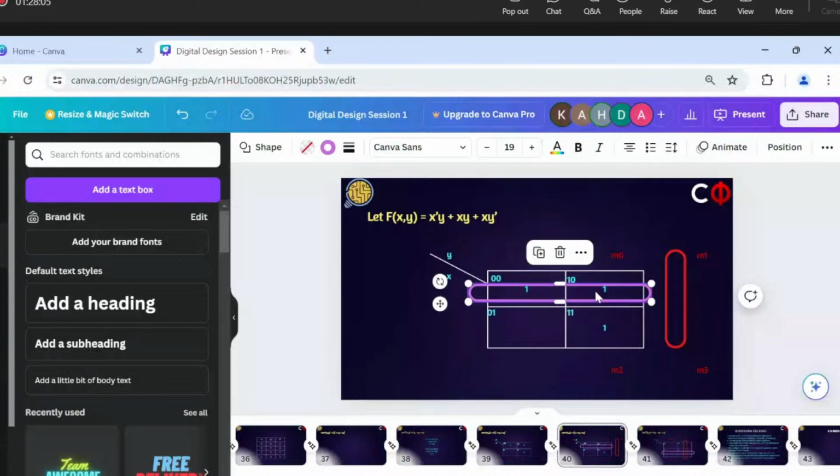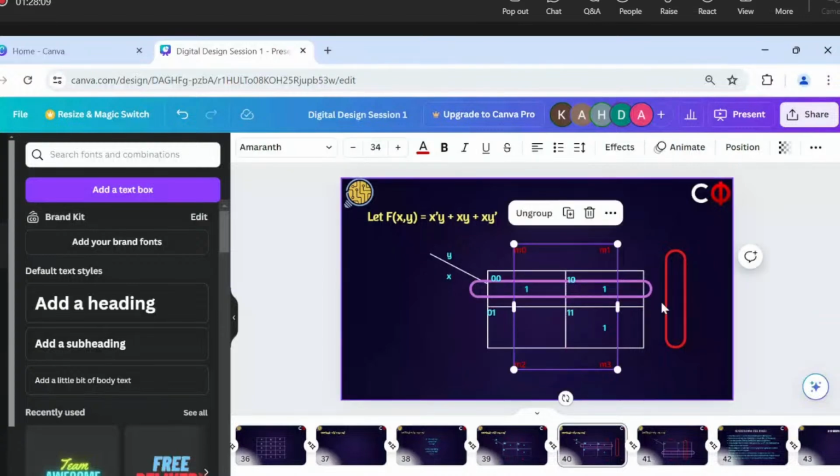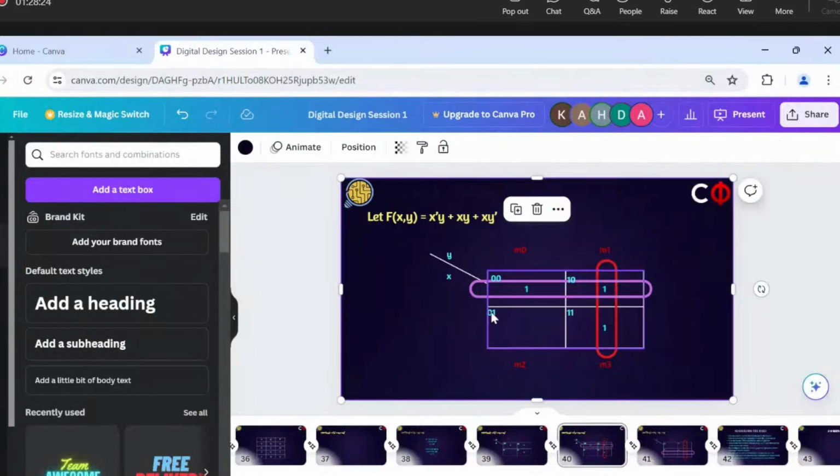So now what do you think the function will be? If I'm talking about this purple thing, the first term is changing and the second term is remaining constant. The second term here is y. So the y term is not changing and it is 0.